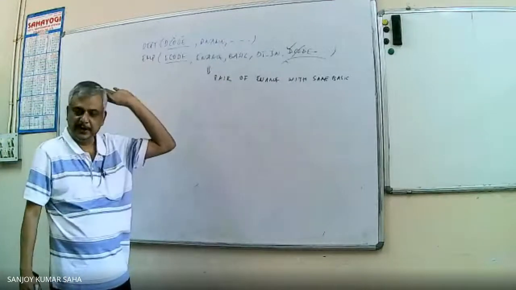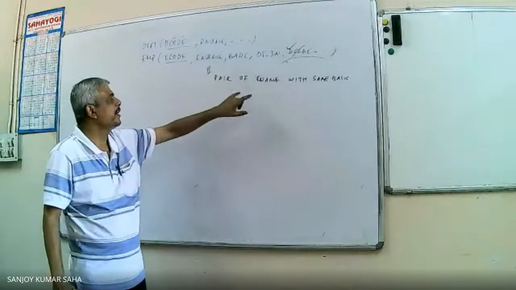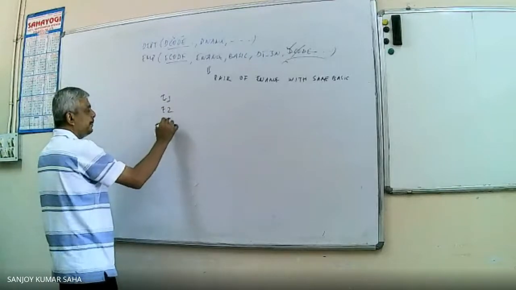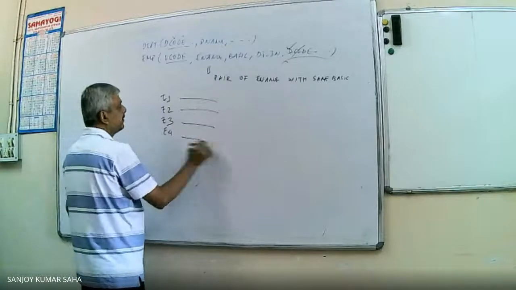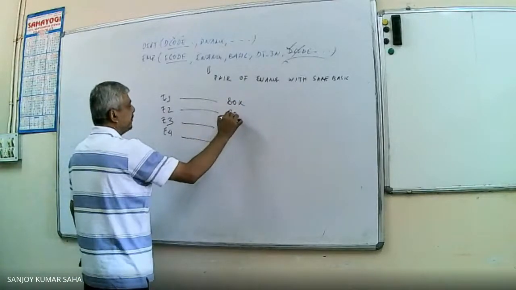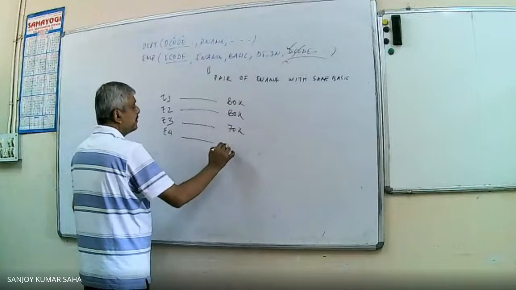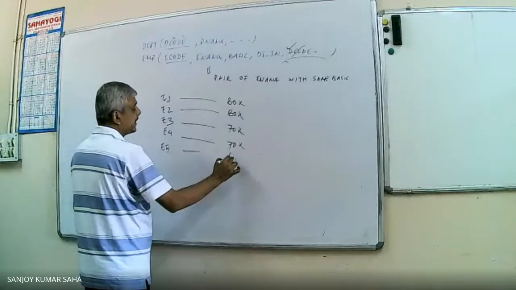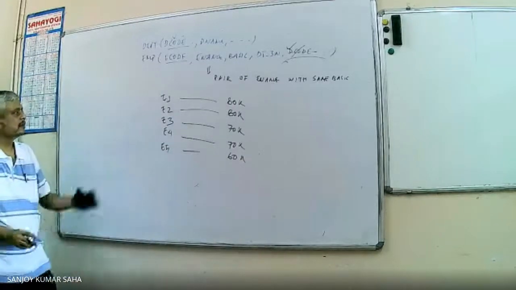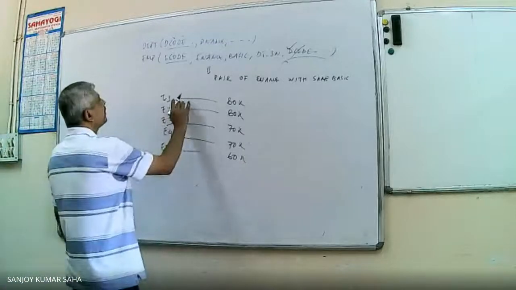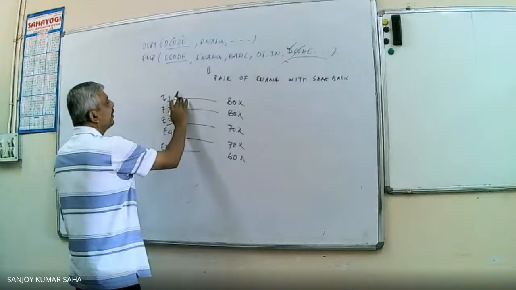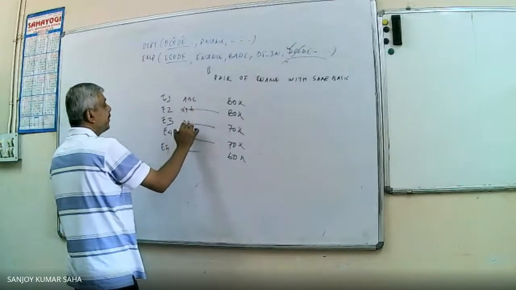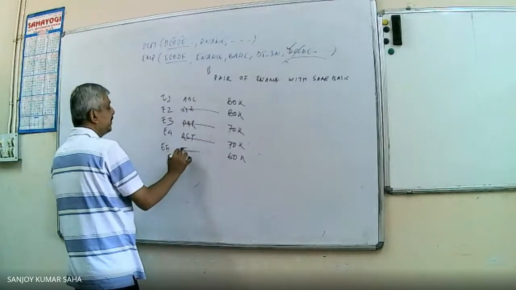So I'm taking this employee example. I want to find out the pairs of employees with the same basic. Say we have employees E1, E2, E3, E4, E5. Say 80K is the basic, 80K is the basic, 70K, 70K, and E5 has 60K. The names are ABC, XYZ, PQR, RST, TUV.